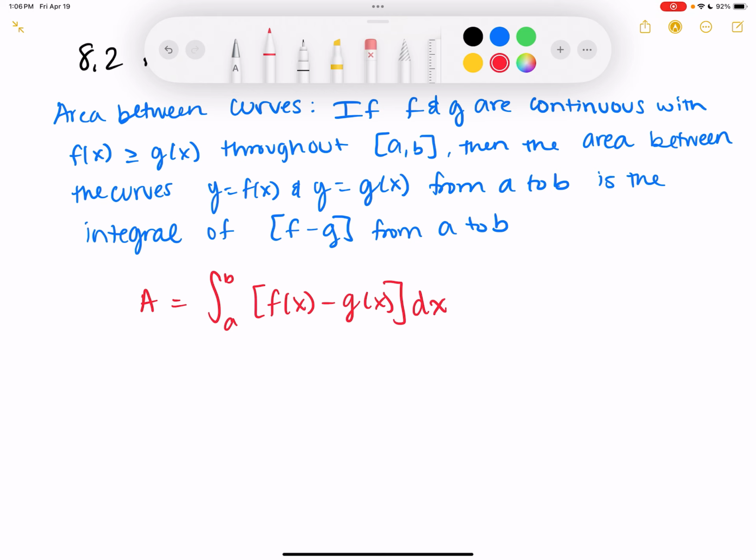Now, if they didn't give you the graph, then they would have to give you the two functions, and then you would graph them. The one that is the most above is f of x. The one that's below is g of x when you're finding area. So, number 2, look at it first.